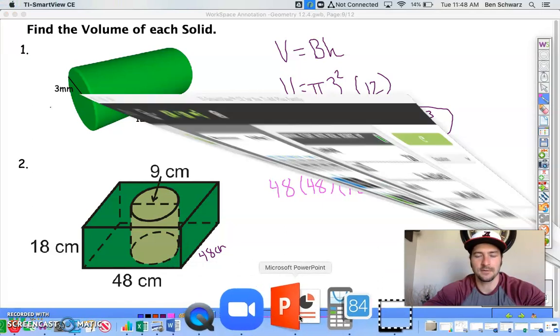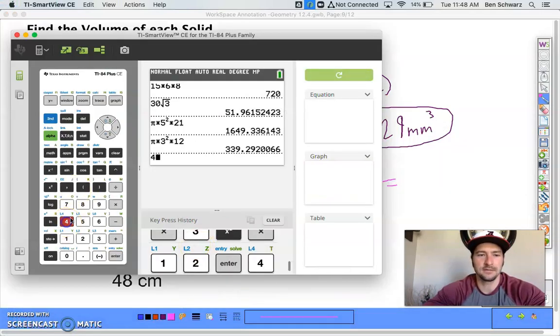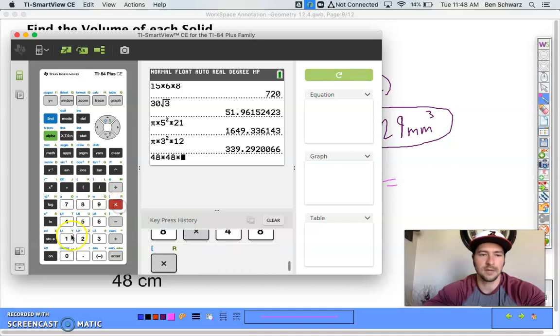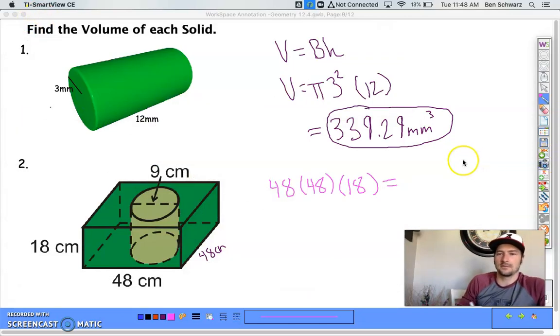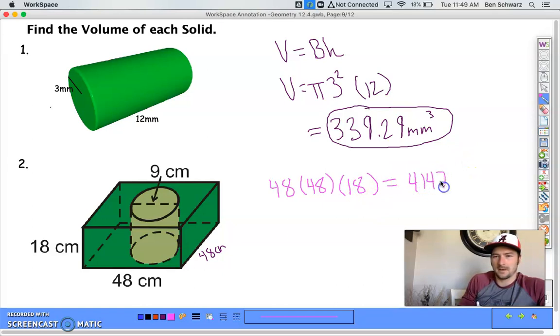So 48 times 48 times 18. Probably going to be a big number. 41,472. We've got to find the volume after we drill this hole out of it. So we're going to need to subtract and then find the volume of this cylinder. So remember, that's area of the base.